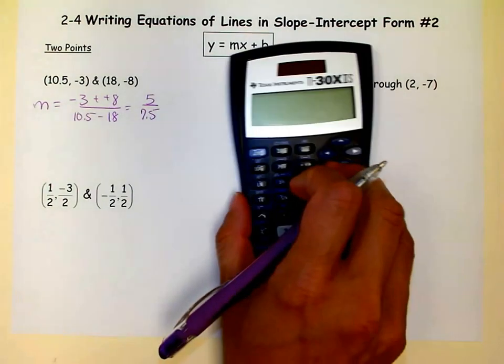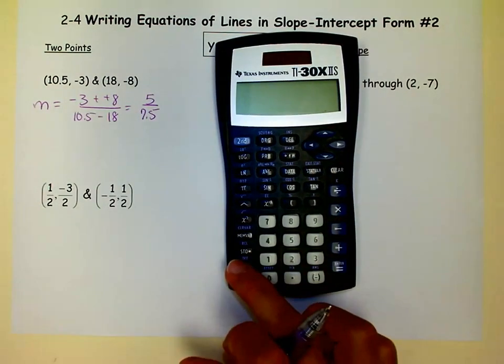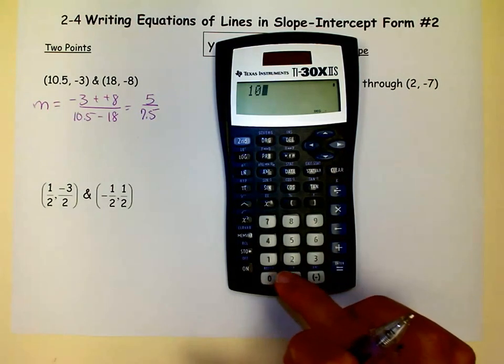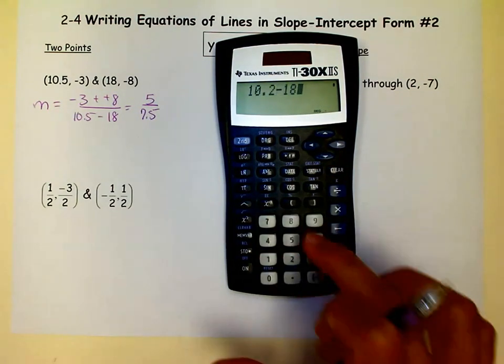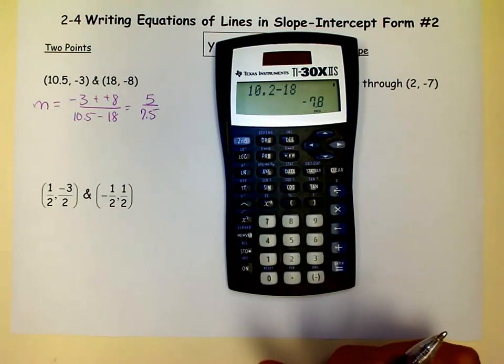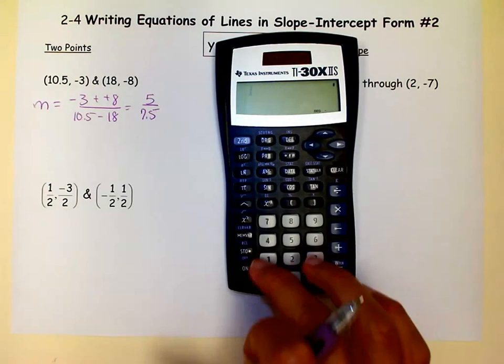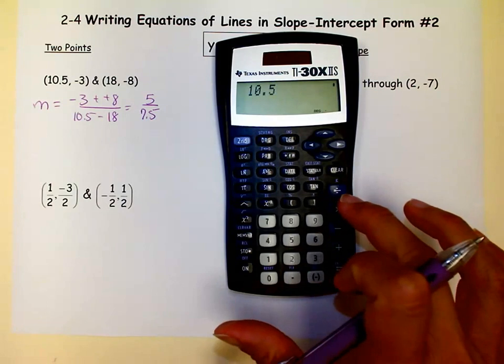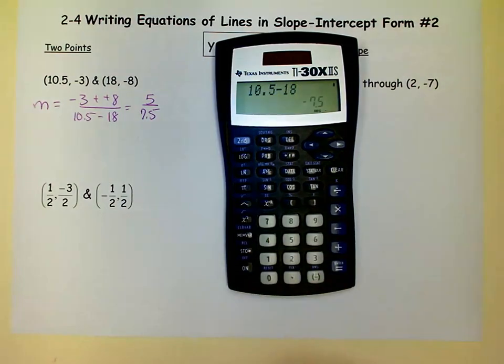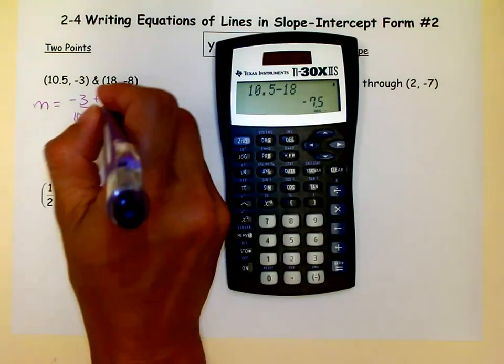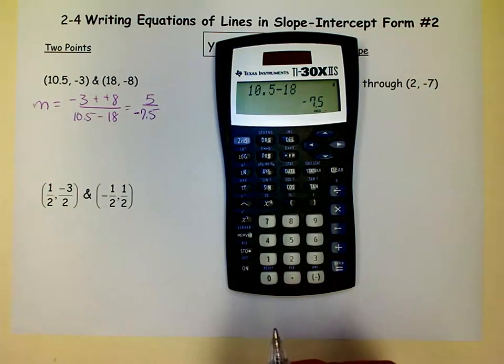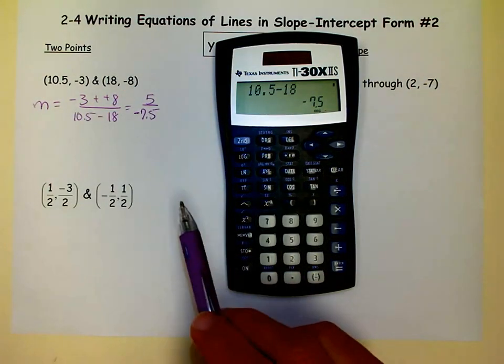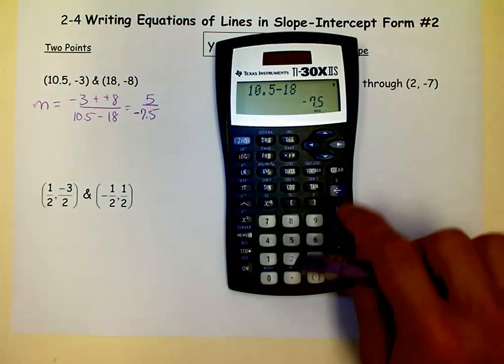Now, if you have a calculator, you can do that in your calculator too. Say 10.5 minus 18. 10.5 minus 18 is negative 7.5. Ooh, I forgot the negative. Okay. And then what you can do is divide.